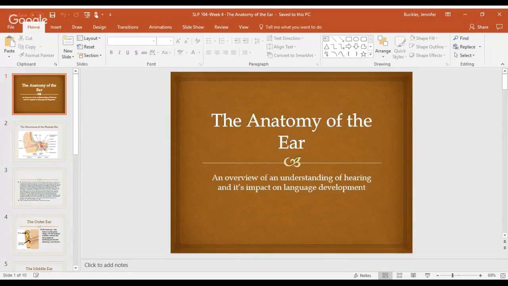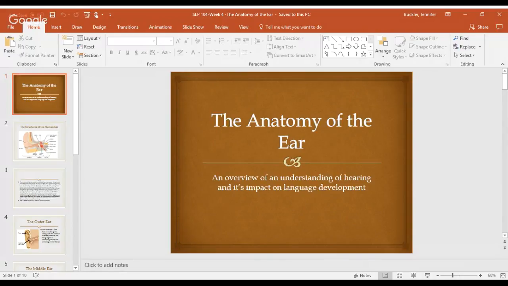The stirrup vibrates, and that vibration sets the fluid in motion that is a part of the cochlea or inner ear. The fluid changes the mechanical energy to hydraulic energy. The cochlea contains hair cells. Those hair cells are moved by the fluid, which again turns it into electrical energy or nerve energy.